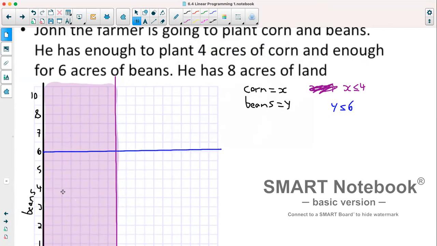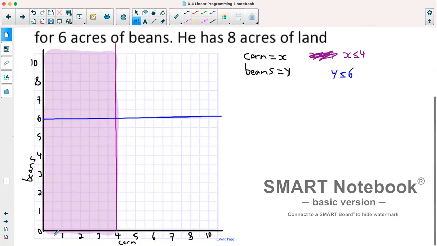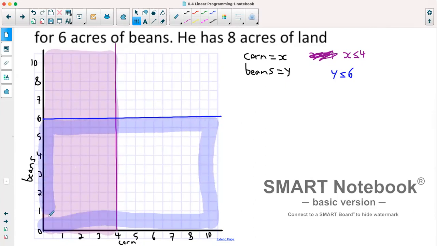We're going to be shading below that because every Y value below that is less than 6. So we can see so far our combined solution area is in this area here.